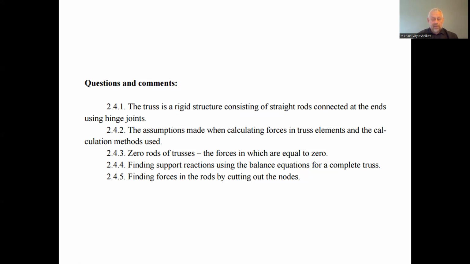And if we have 2 rods connected, not lying on a straight line, in one node, in one hinge, and we have an external load applied to this hinge along the same line as one of the rods, then the rest of these 2 rods is 0.